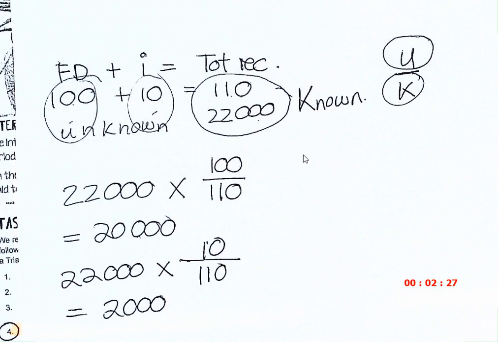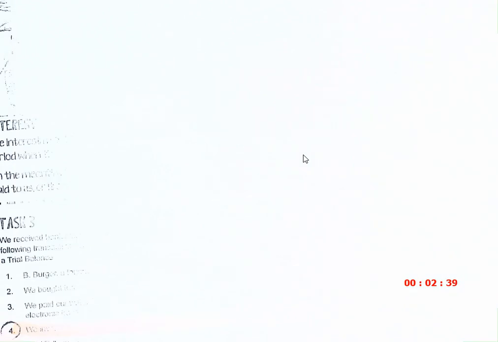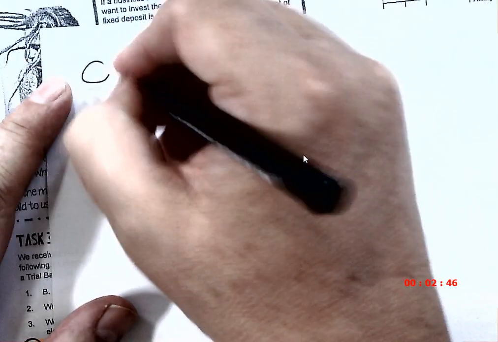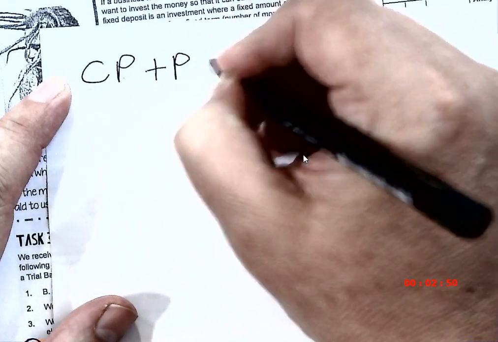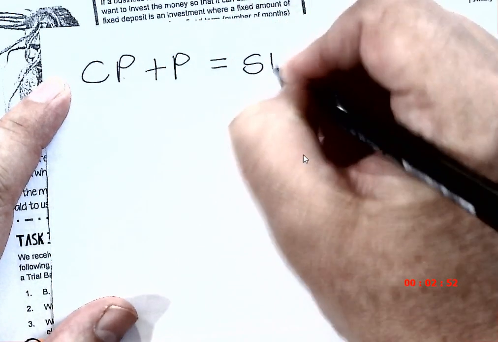Can I quickly show you that you've actually already used the UK method last year? You've actually used it twice in 2 different situations. May I show you that? So the first one is when I take the cost price plus the profit. It gives me the selling price.